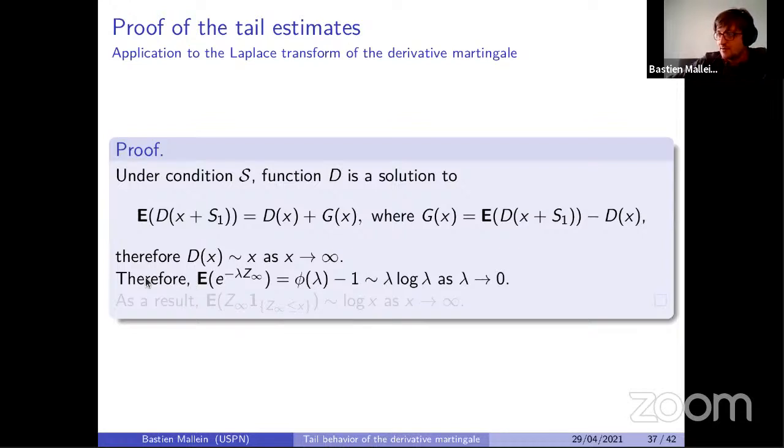Therefore, the Laplace transform of the infinity behaves as 1 plus lambda log lambda as lambda goes to 0. And as a result, the expectation of the infinity indicator that the infinity is smaller than x has to grow as log x as x goes to infinity.